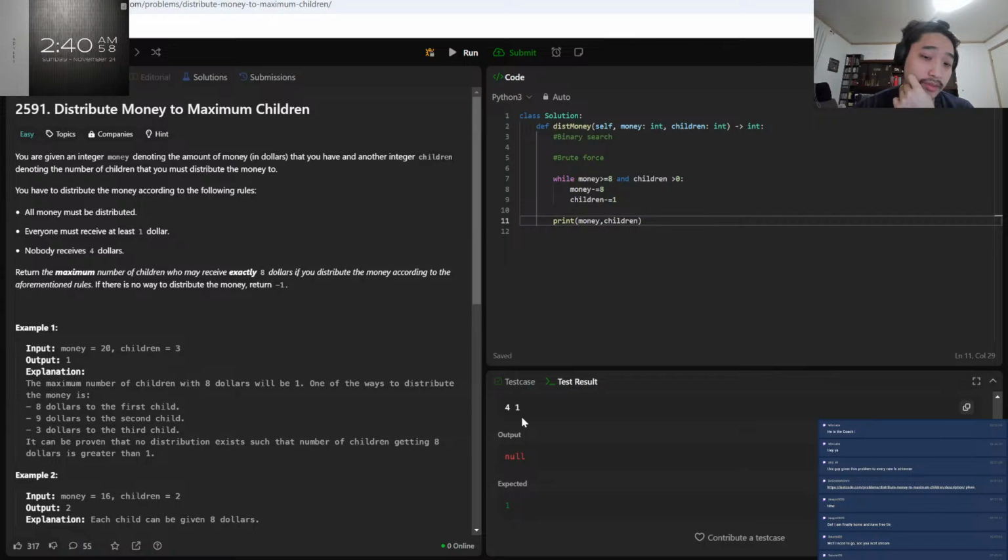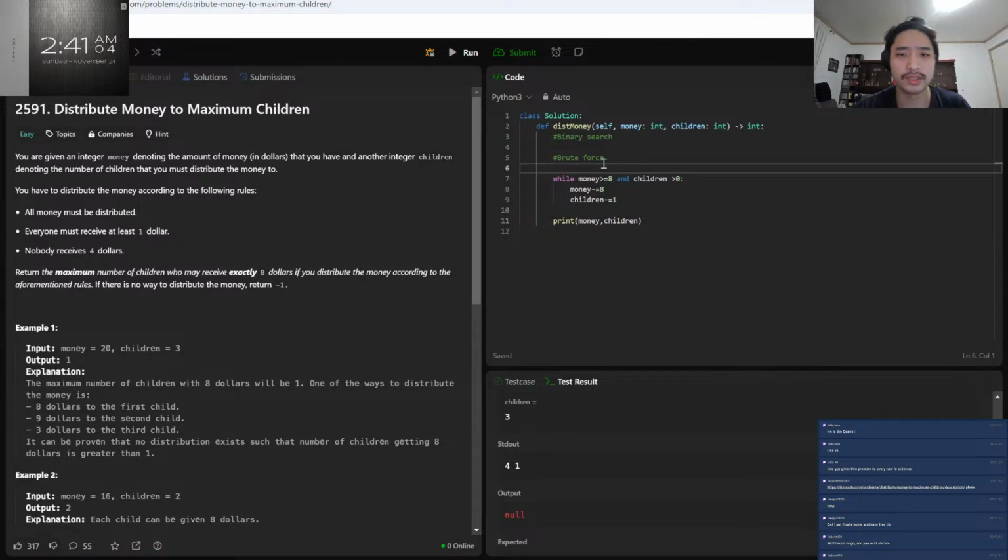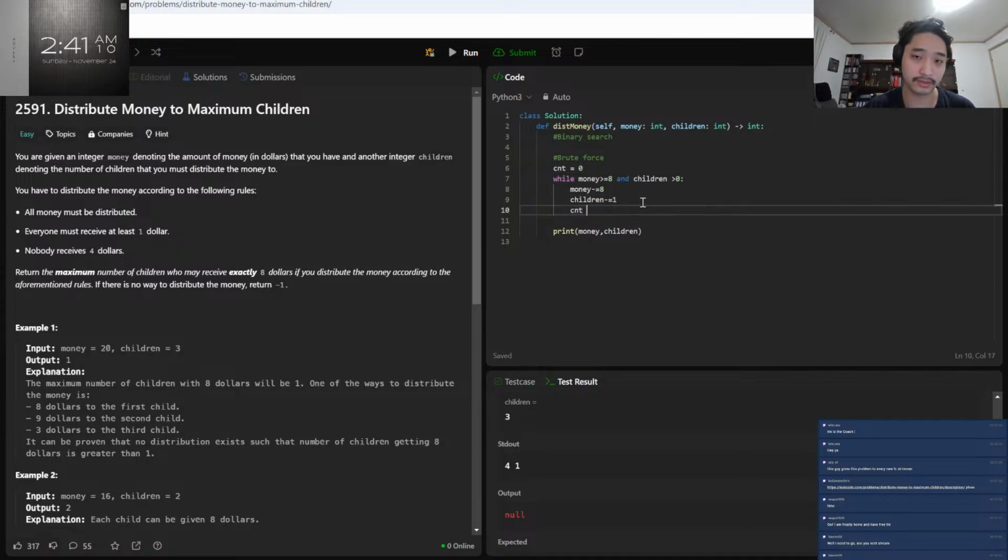Yeah, and this would be in... I also need a counter probably. For every time this goes through, the counter is plus equals 1.